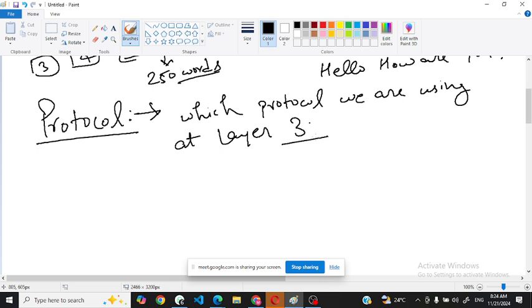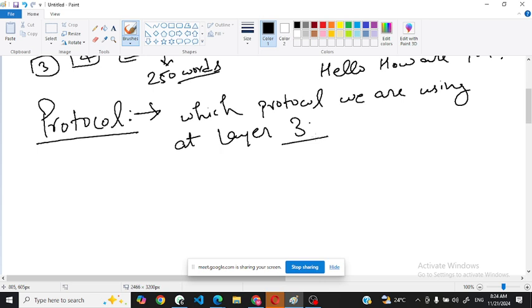So, who wants to describe each and every field I have discussed in the IPv4 header? One more doubt in the flag field of the IP header. Totally, there are four divisions: reserved, do not fragment, more fragment, then fragment offset.